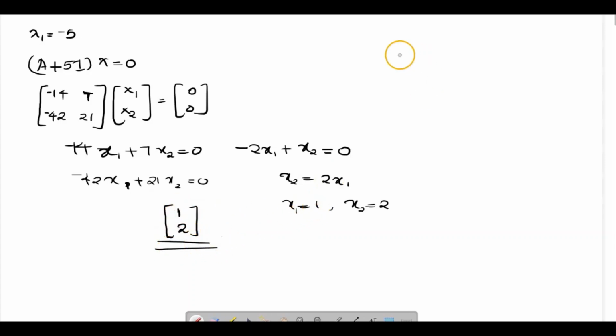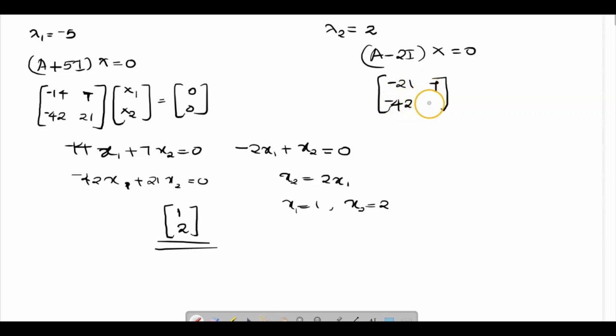Okay. Now let's find the eigenvector corresponding to lambda 2 equal to 2. So A minus 2I into x equal to 0. A minus 2I, the matrix is minus 19 minus 2, minus 21, 7; minus 42; 16 minus 2, it's 14.